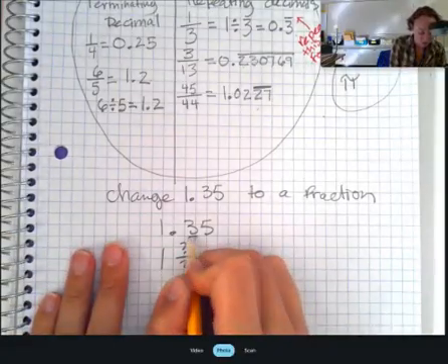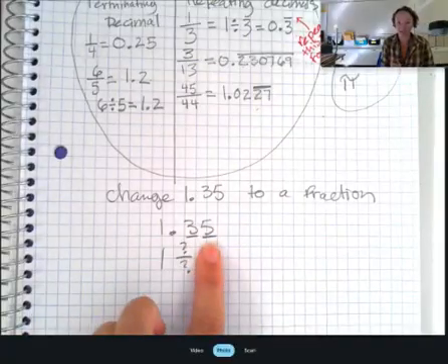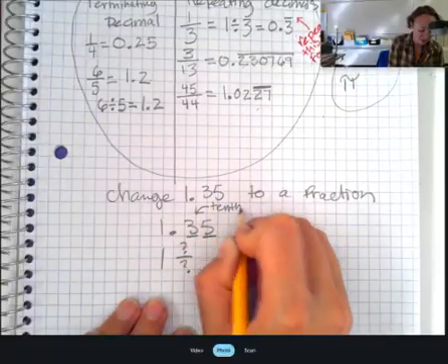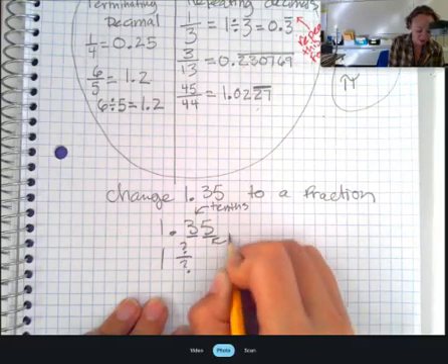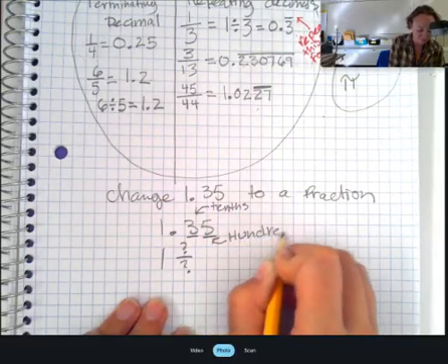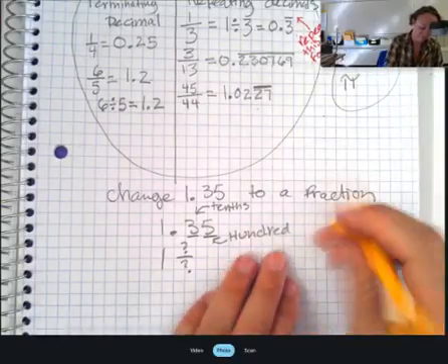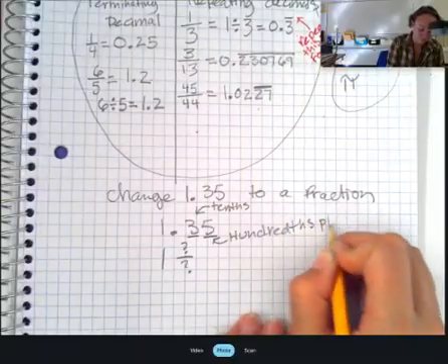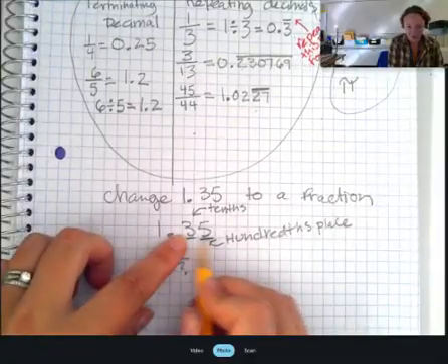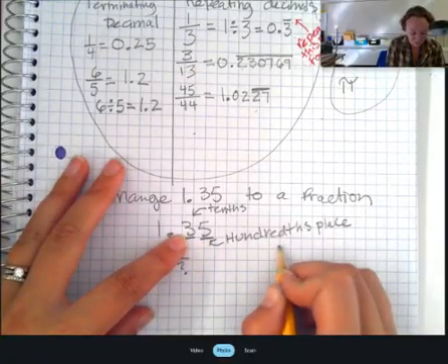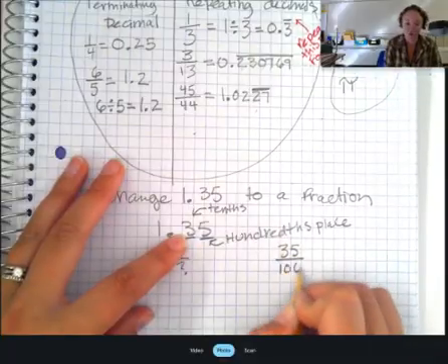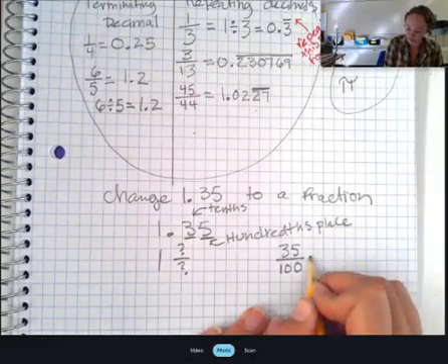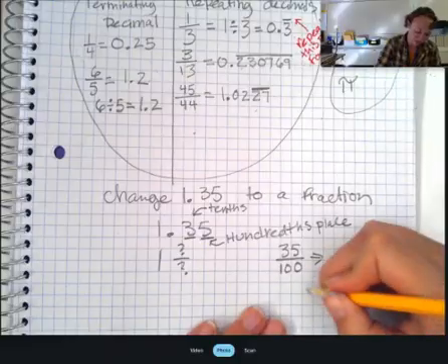So if I look at the 3 and the 5 and think about place value, that 3 is in the tenths place and the 5 is in the hundredths place. So that means that the 35 is going to be 35 hundredths because the last digit is in the hundredths place.